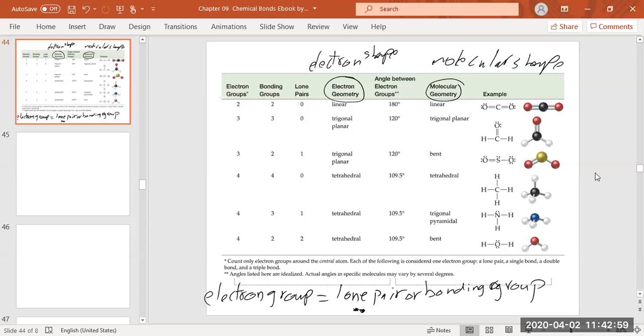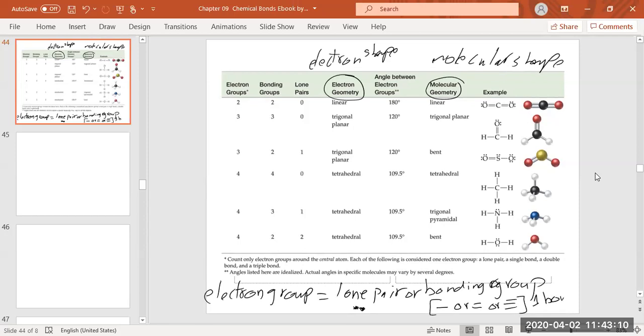Be careful: if it's a single bond or double bond or triple bond, all will be considered one bonding group.